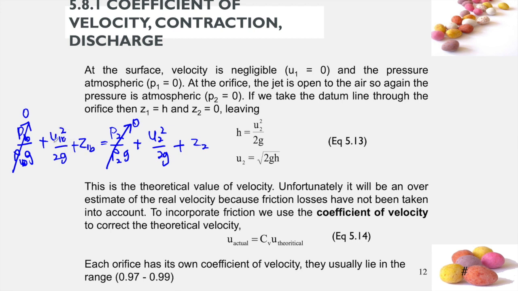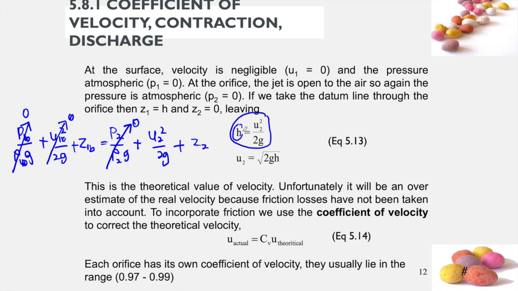Since velocity at 1B is approaching 0, we are zeroing velocity at point 1B. Then we are left with the terms Z1B, U2 squared over 2G, plus Z2. So rearrange this equation, and we will get this.